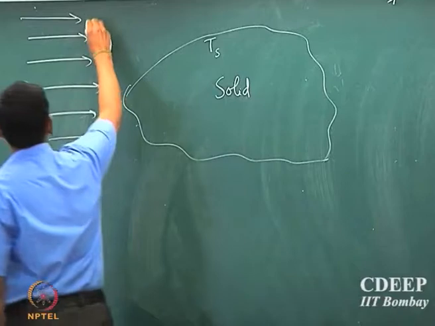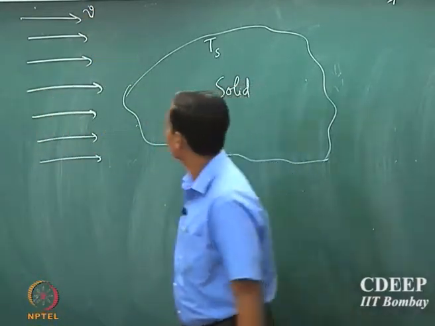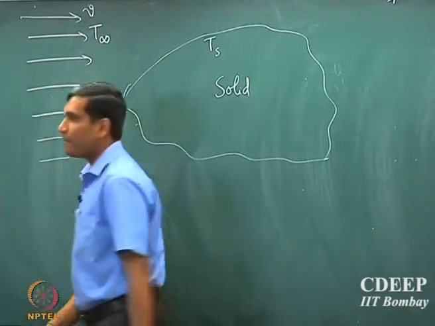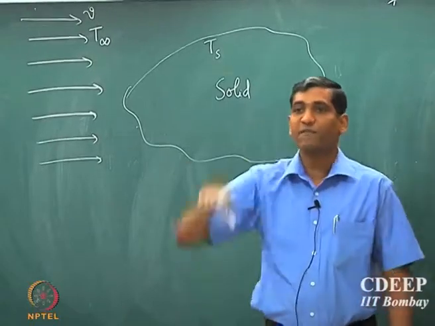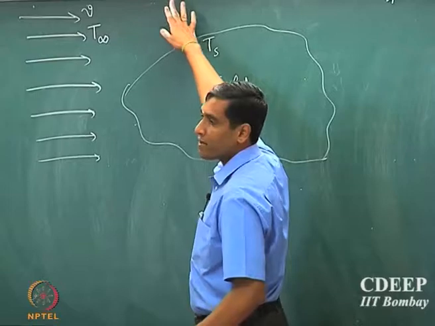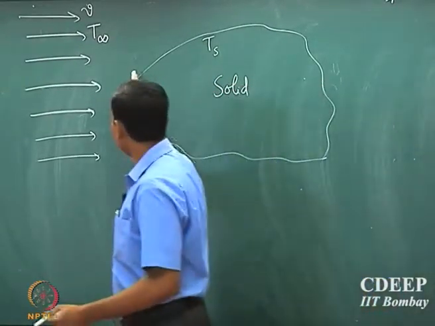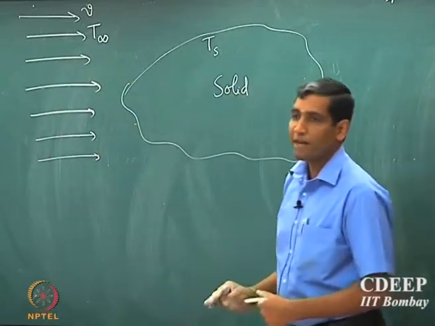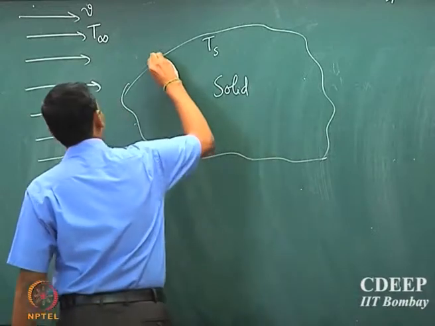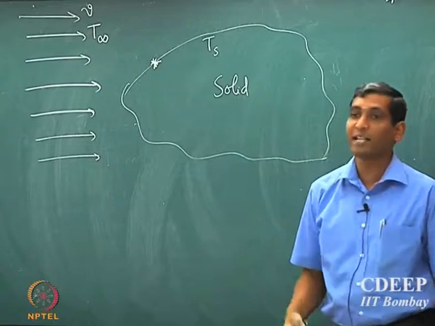So let us assume that a fluid is flowing at a velocity v, and let us say that the temperature of the free stream fluid, that is, this fluid is flowing past very far away from this object, is T infinity, and even before it sees the object, the temperature is T infinity. Okay.